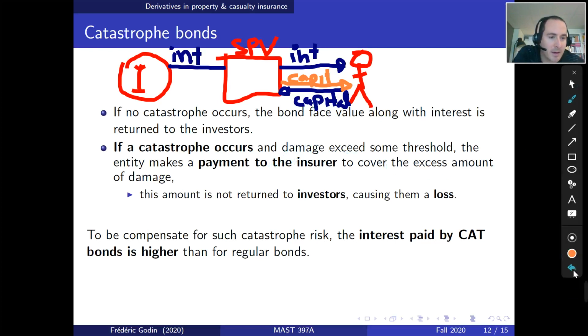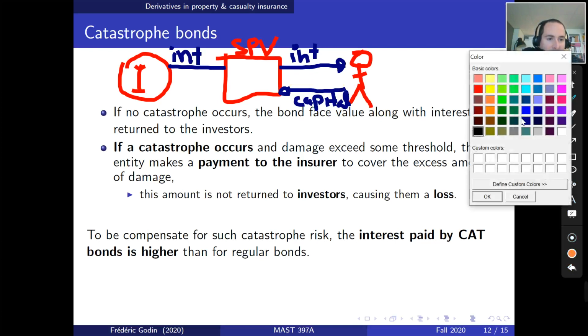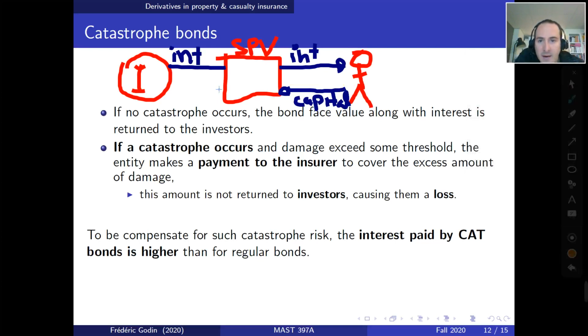Okay, so then let's erase this. If there's a catastrophic event, I'll take another color, let's say maybe this one, then the SPV will take a portion of the capital and give it to the insurer to cover the damage.